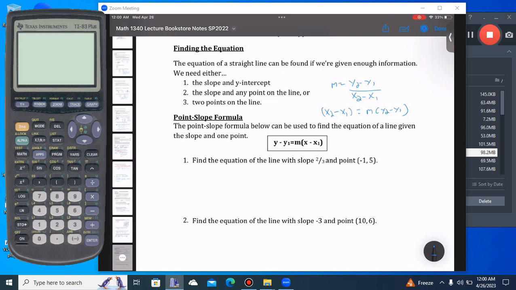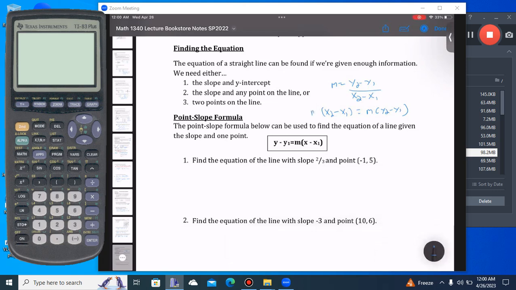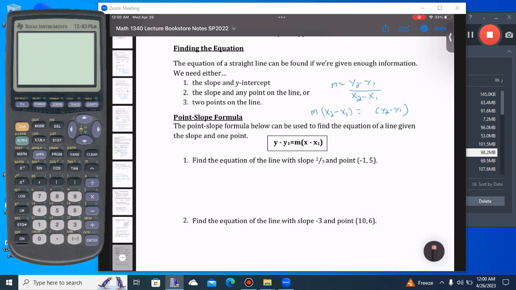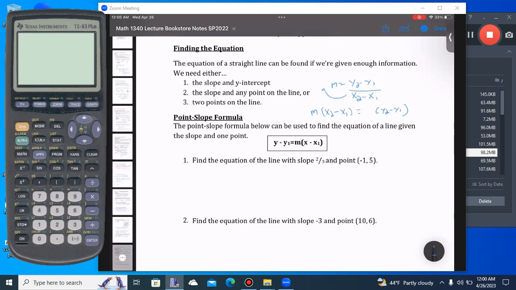I wrote m on the wrong side. Hold on, m is on that side. I can switch sides, but multiply this over. So it's multiplying m. Okay.